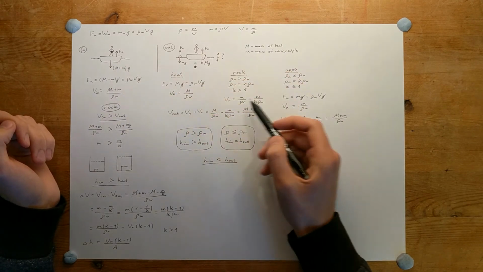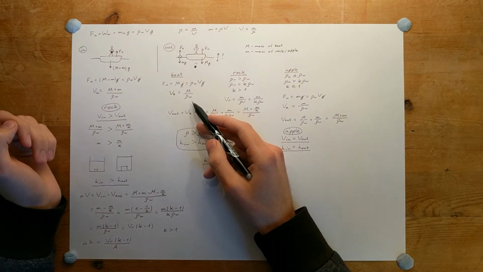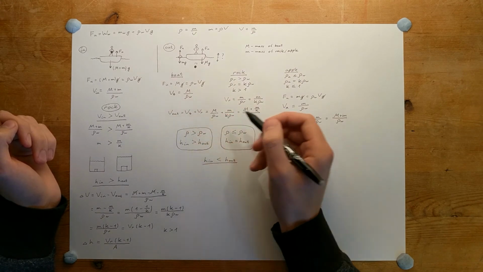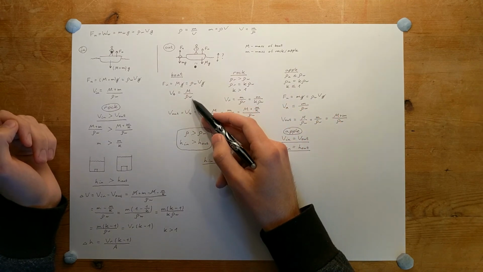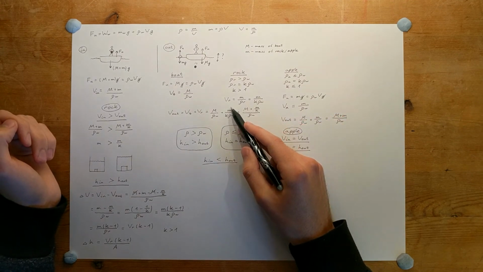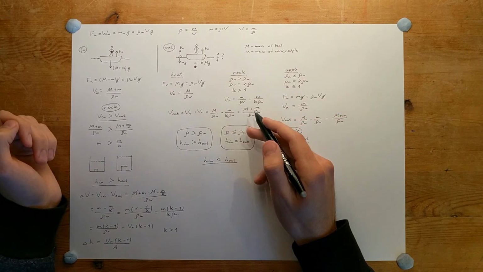And in this case, if we look at the boat, the volume of water displaced by the boat is not affected by the density of an object we throw, since there is no density of rock or apple. But what is affected is the volume of water displaced by an object.